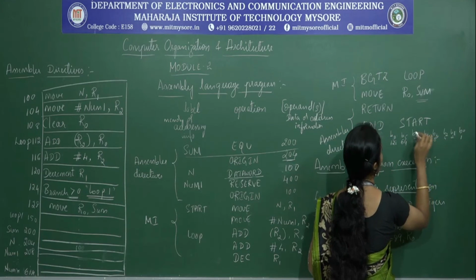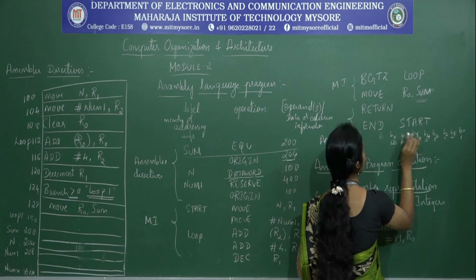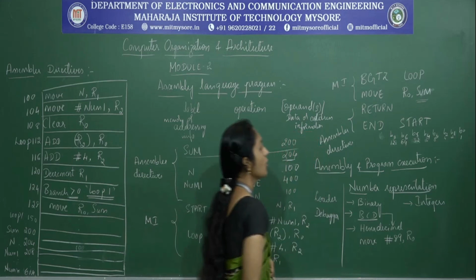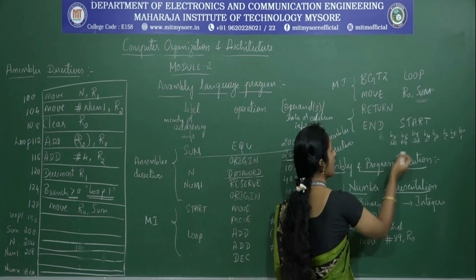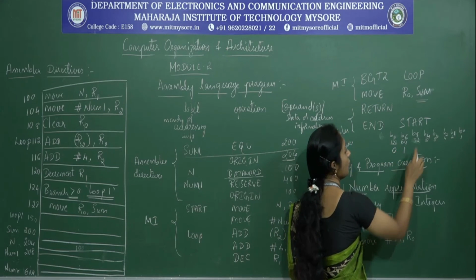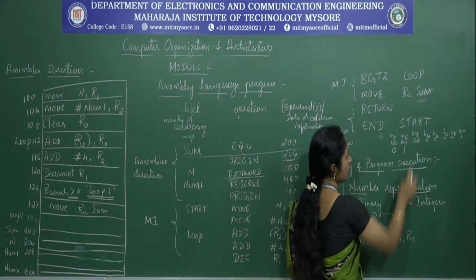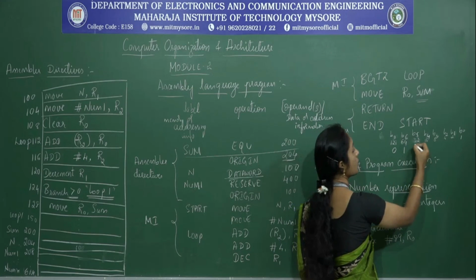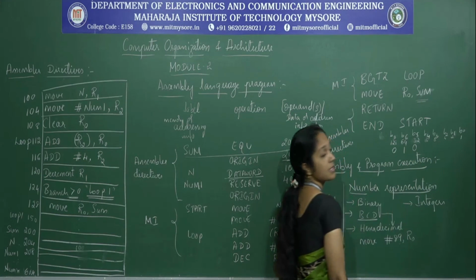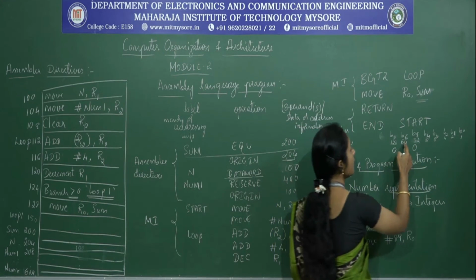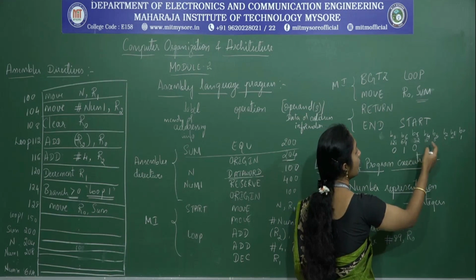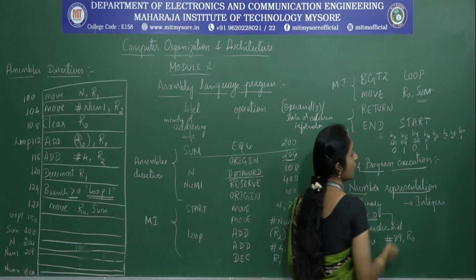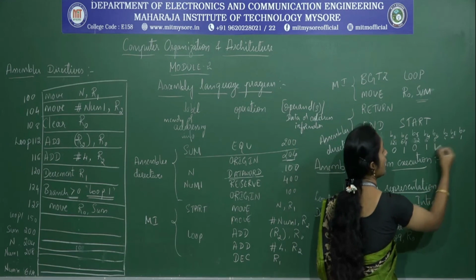So B0 to B7 are 1, 2, 4, 8, 16, 32, 64, 128. Now 89: the nearest is 64, so this bit should be 1. 64 plus 32 exceeds 89, so that bit should be 0. 64 plus 16 is 80, so this needs to be 1. Next we have 9, that is 8 plus 1.